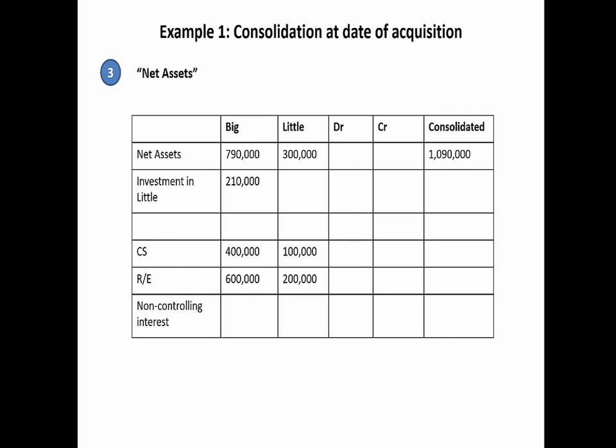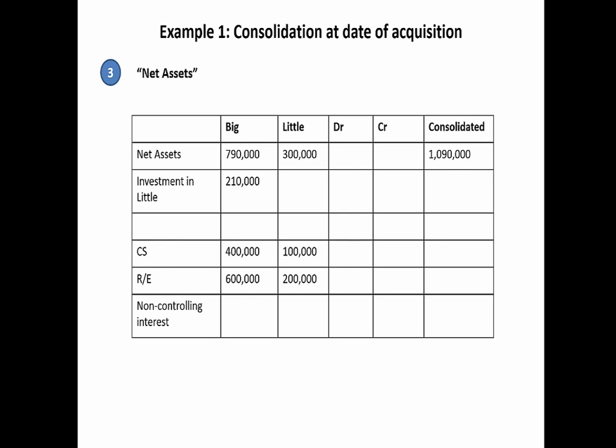So the two companies combined have total net economic resources of $1,090,000. And the question is, who owns those economic resources? Again, Big Company owns 100% of Big's economic resources, $790,000, plus they own 70% of Little's $300,000, or $210,000 worth. So Big Corporation owns $1 million of that $1,090,000 in economic resources.